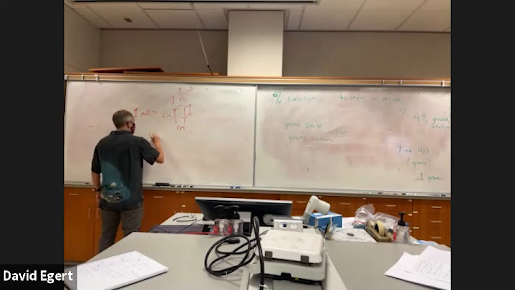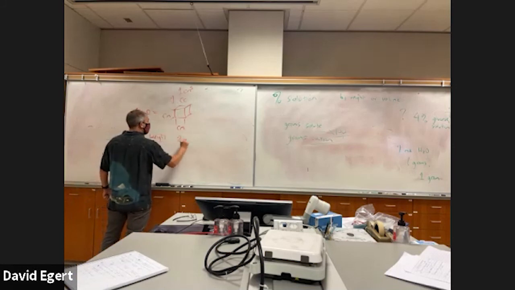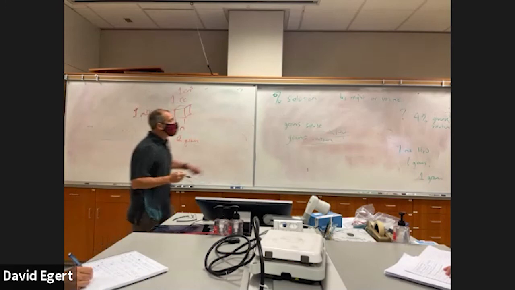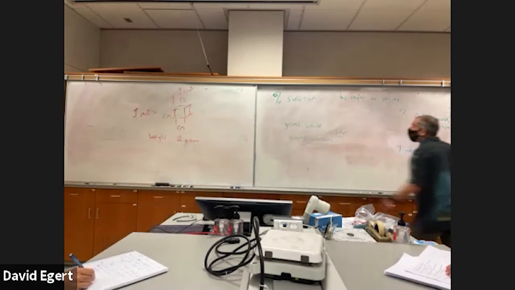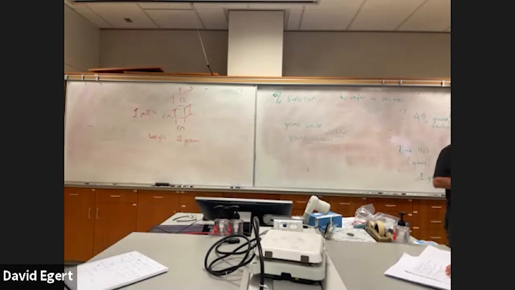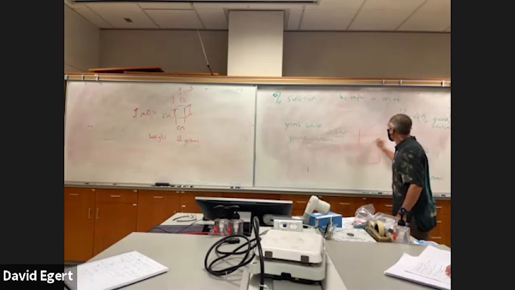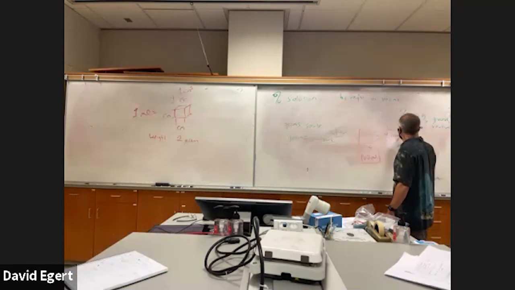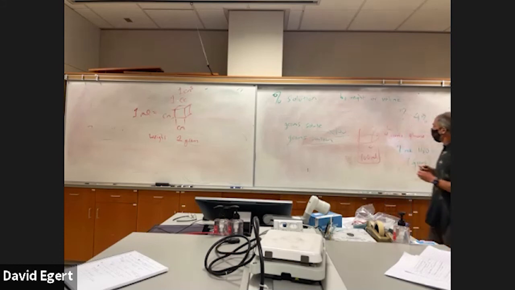And it weighs 1 gram, which is nice. So if I take 100 mils of water here, and I dump in 4 grams of glucose, I'm pretty much done, right?